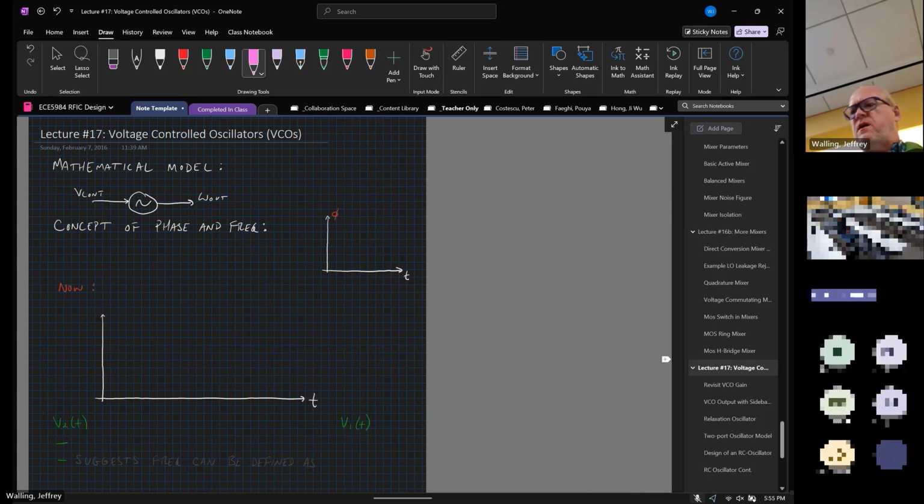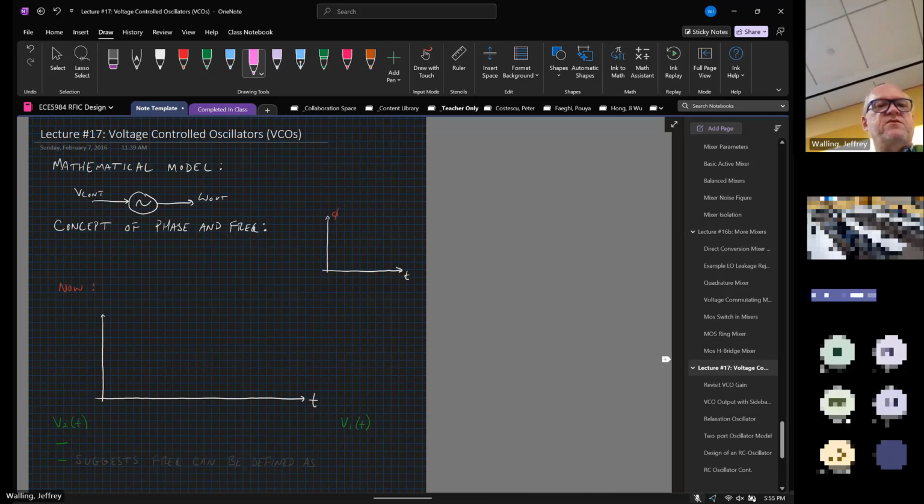Okay, so voltage controlled oscillators, last major component of a radio. Now, obviously, how we put everything together is very important, but you can make a radio pretty much with some type of amplifier, some type of mixer, and some type of LO, whether it's in the transmitting direction or the receiving direction. You're either up converting from low frequency to high frequency, or down converting from high frequency to low frequency. Here's our mathematical model for the voltage controlled oscillator.